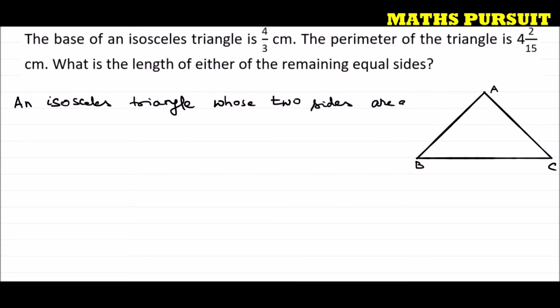An isosceles triangle is a triangle whose two sides are equal. This is what we know.